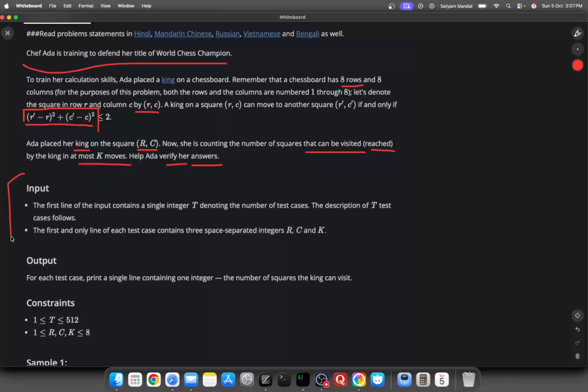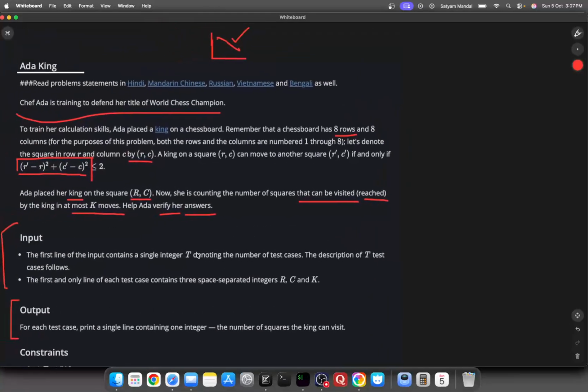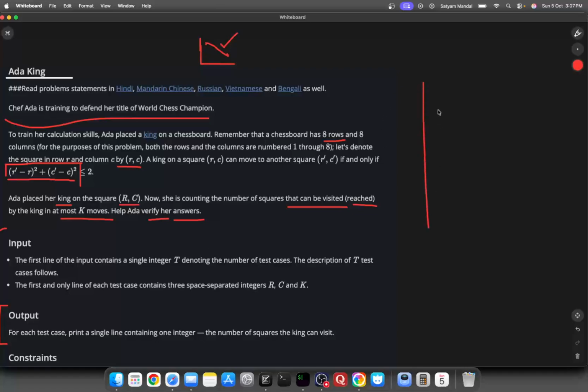So they give us an input format and output format. Okay, so let's see what they are trying to say.